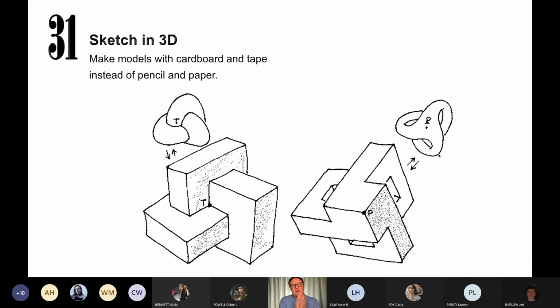31. There's sketching, but there's also, think in terms of making. Make models, like out of cardboard and tape, instead of pencil and paper. Use a different means of visualizing. It could be that you're designing an object that will become the solution, or I'm hoping that some of you will actually end up making physical things for your posters anyway.